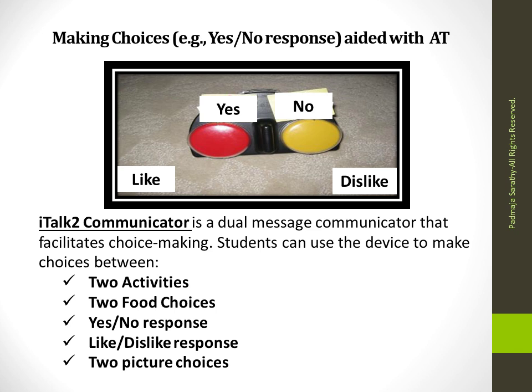Or if necessary for a student who is visually impaired, you can attach the word with an object that's associated with that word, and you can also attach a Wikki Stix to that word, or you can just put the outline of that object.